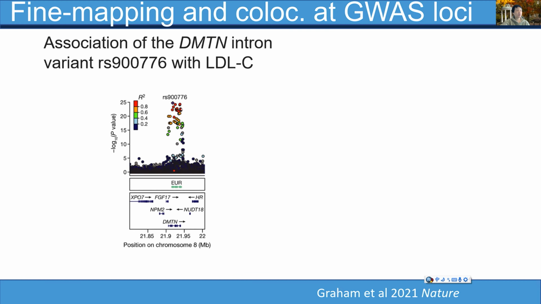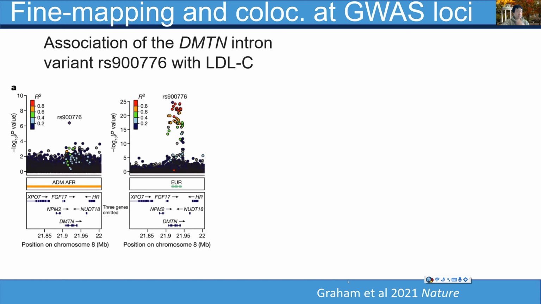So with the association signals alone, it's hard to figure out which are the causal variants versus which are just simple LD surrogates or LD tags. In this study published in Nature from the Global Lipids Genetics Consortium, they leveraged samples from diverse ancestral groups.